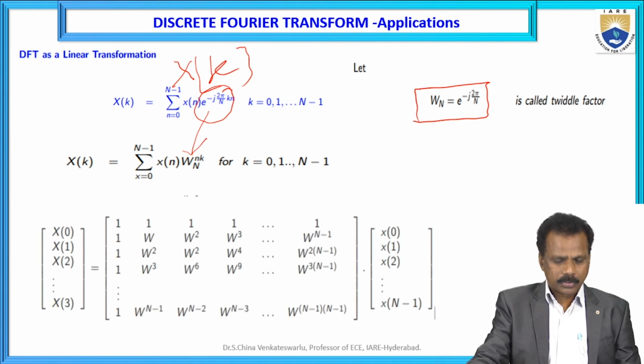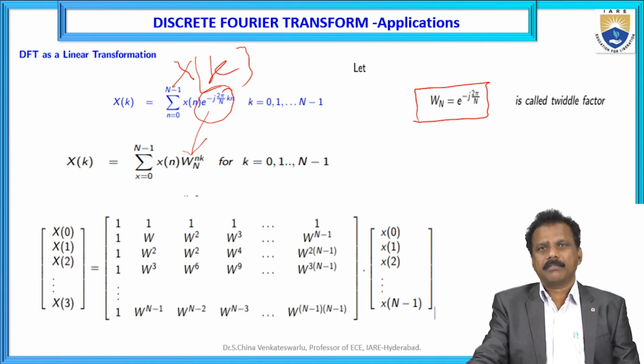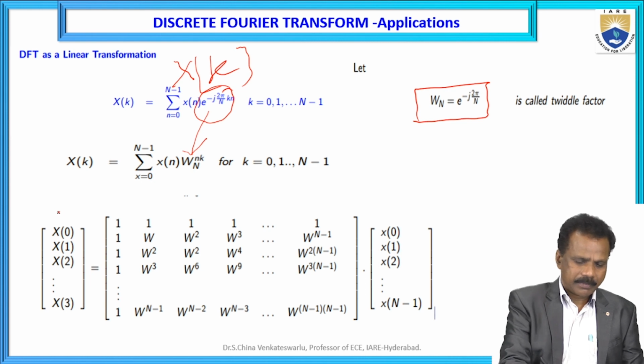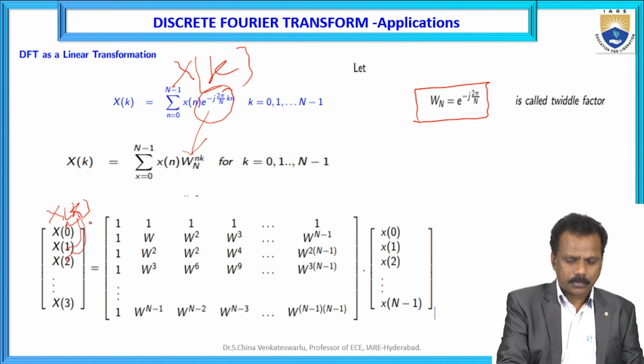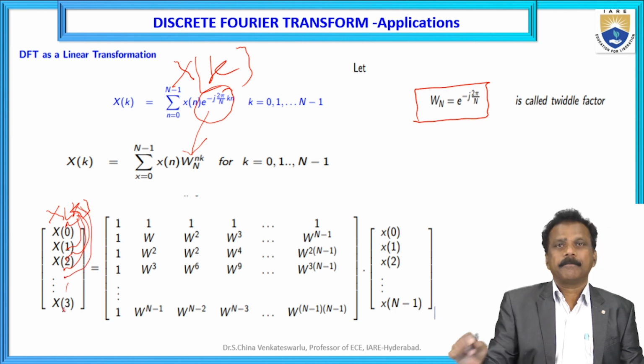Now we can write the twiddle factor in terms of X of k, where k is substituted as k equal to 0, 1, 2, 3, 4 and so on.